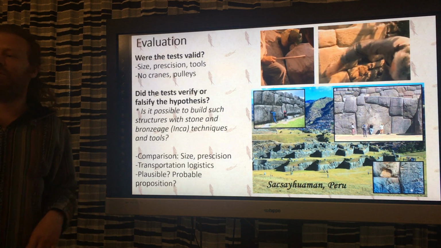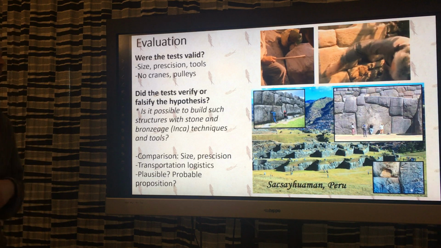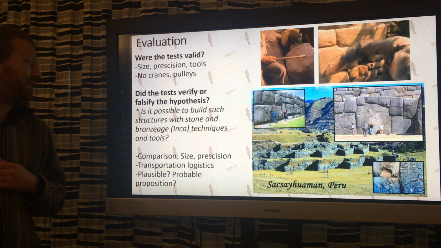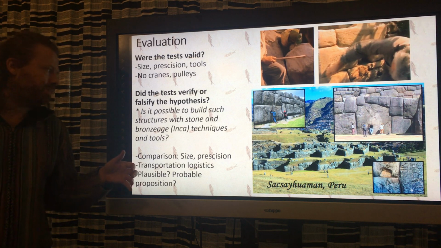Different tools were used, not bronze tools, so the tests weren't a valid test to begin with. So the question is, how did they do this without cranes and pulleys? Did the tests verify or falsify the hypothesis?